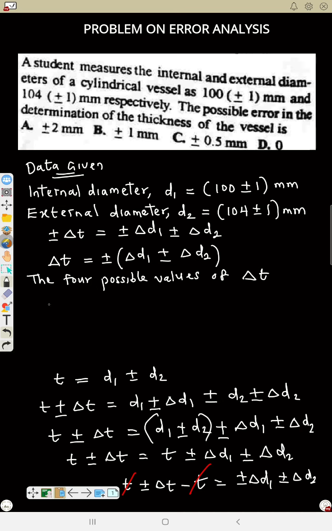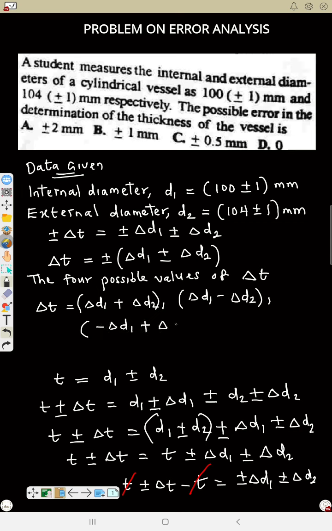So the four possible values we can have there is delta T, we can have delta D1 plus delta D2, or we can have delta D1 minus delta D2, or we can have minus delta D1 plus delta D2. We can also have minus delta D1 minus delta D2.